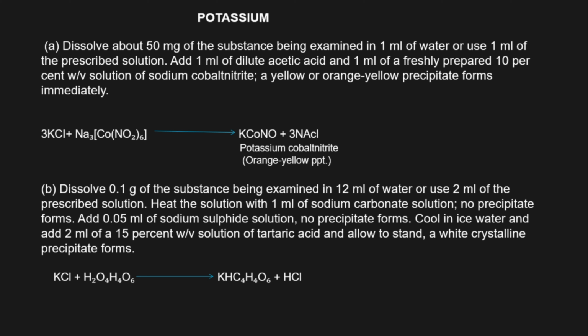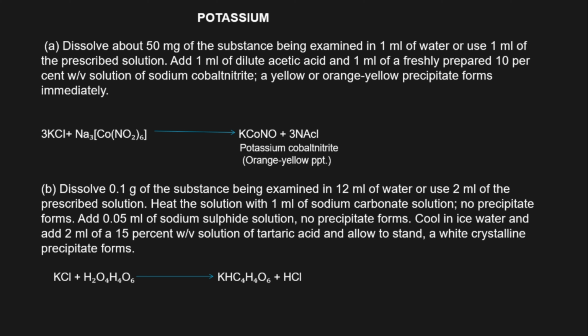Add 1 ml of dilute acetic acid and 1 ml of freshly prepared 10% weight by volume solution of sodium cobalt nitrite. A yellow or orange-yellow precipitate forms. Here is the reaction.